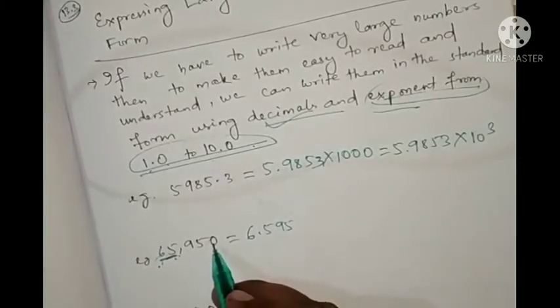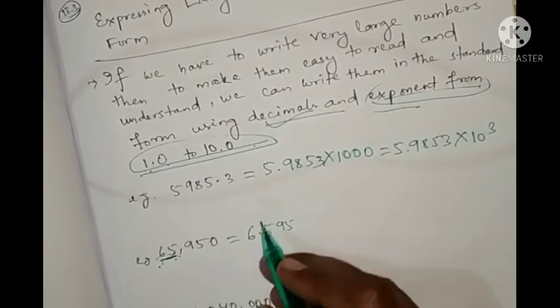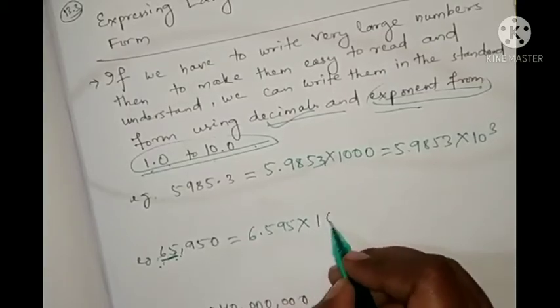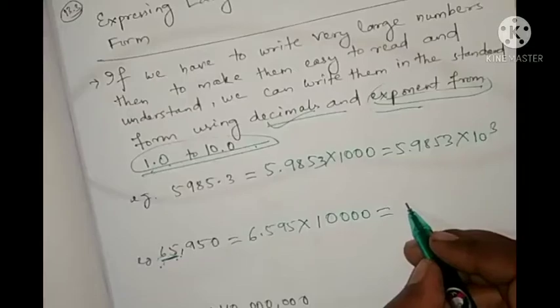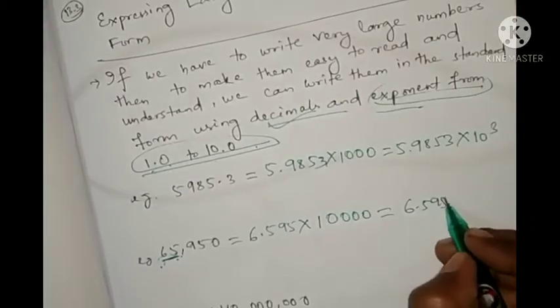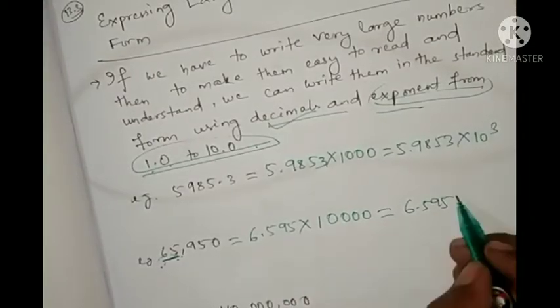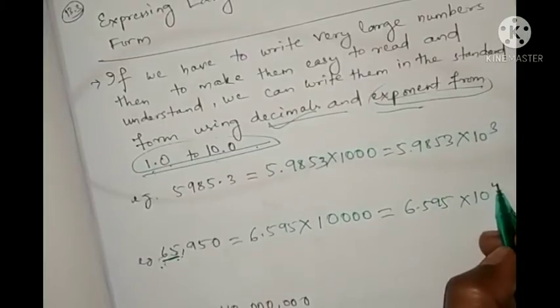So how many numbers we have reduced? 1, 2, 3, 4. So what we'll write? We'll write 4 zeros. Then how much we'll get? 6.595 into 10 to the power 4.